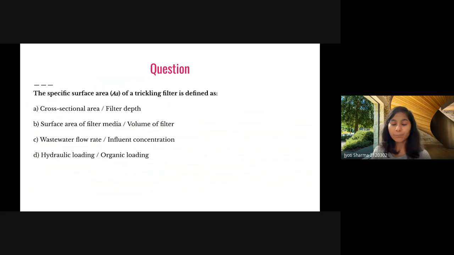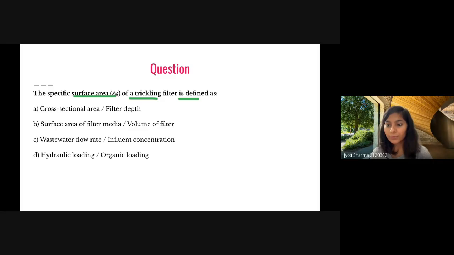Okay, in that formula we used the specific surface area AS of the trickling filter. How is that defined? Cross sectional area upon filter depth, surface area of filter media upon volume of filter, wastewater flow rate upon influent concentration, or hydraulic loading upon organic loading. So I'm having answers.